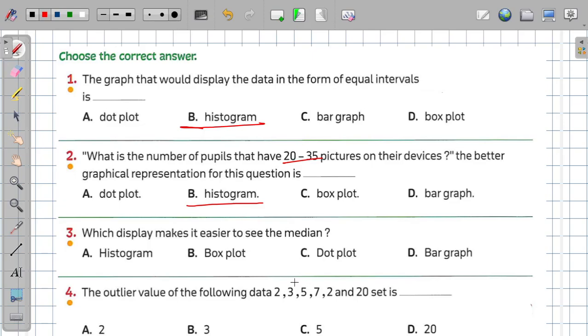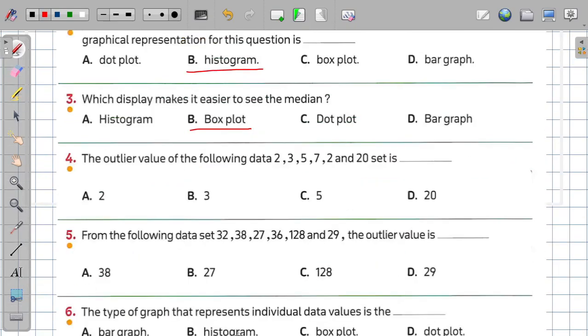Next, which display makes it easier to see the median? I think the easiest way to see the median is the box plot. Next, the outlier value of the following data.